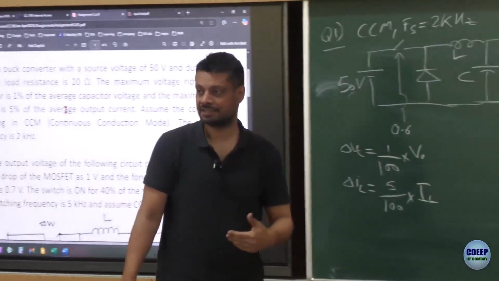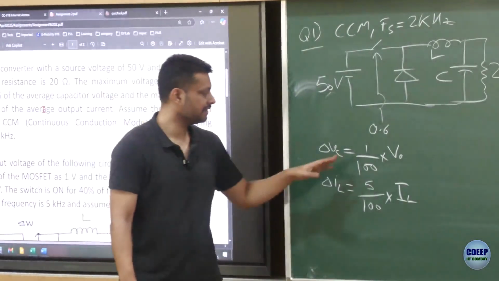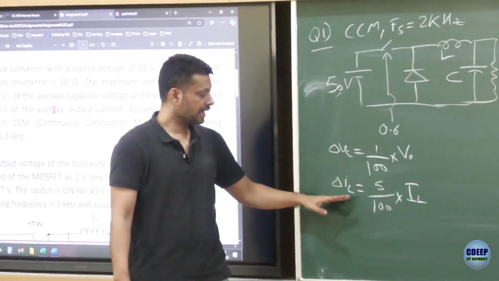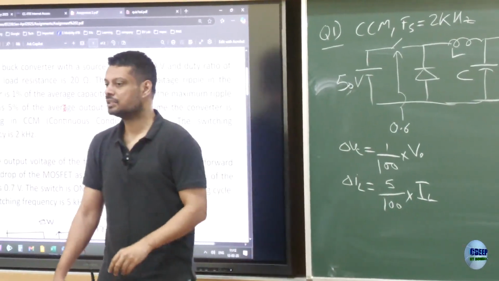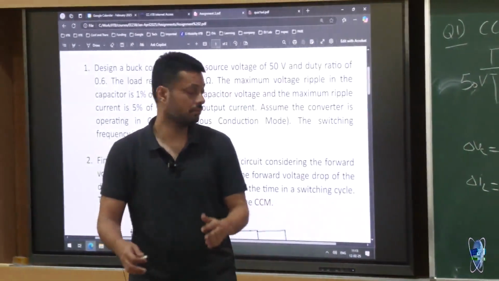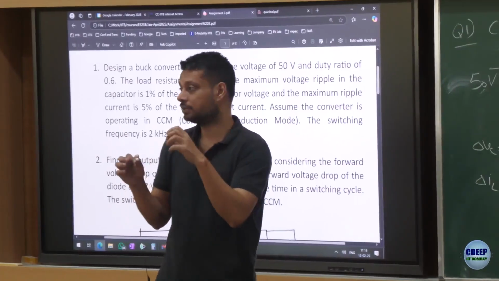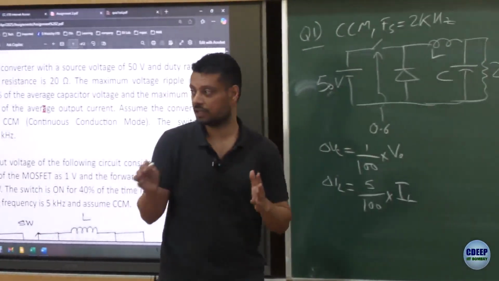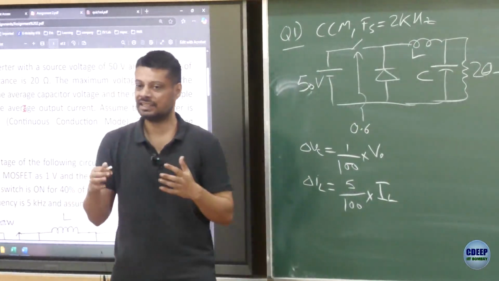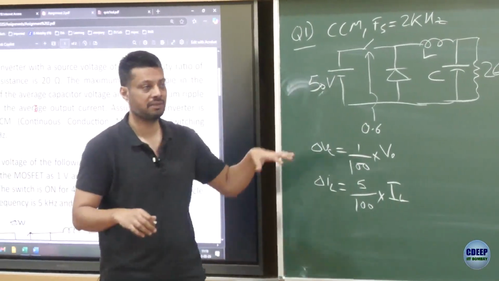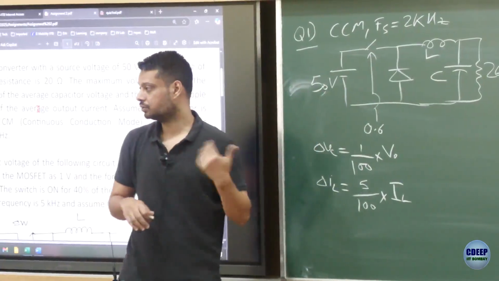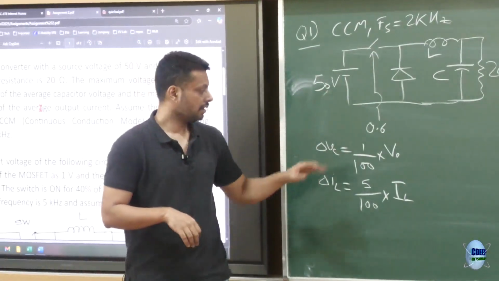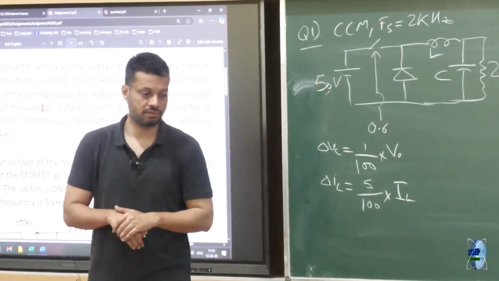Sometimes it may be little less, sometimes it may be little more, but 1% is a very reasonable value. But on the other hand, the inductor current ripple 5% is usually a very low value. Ripple value is a very tight value. We usually keep it like 30%, 40%, those kind of values, right? Not 5%. The reason is because 5% is such a low value, it gives rise to a very large value of inductance, as you would of course calculate. But anyways, this is a question, so we have to solve it, right?